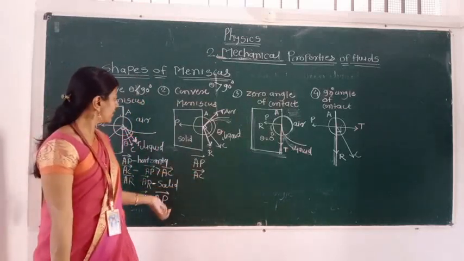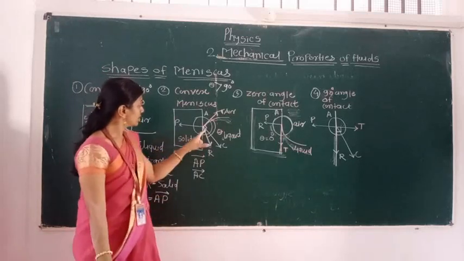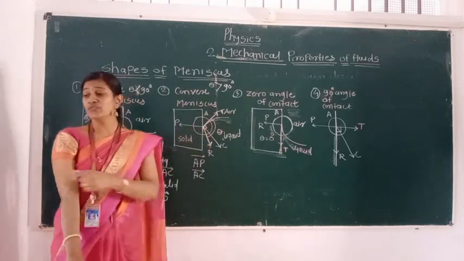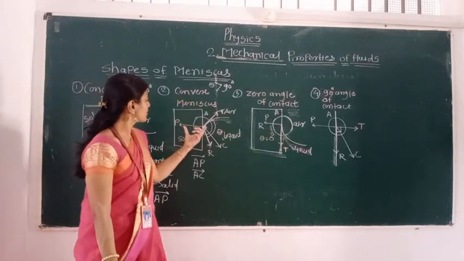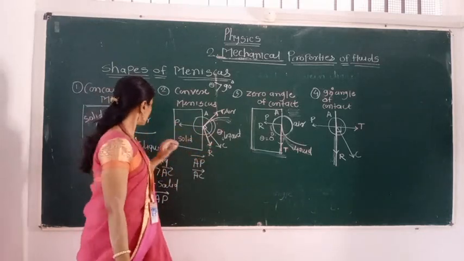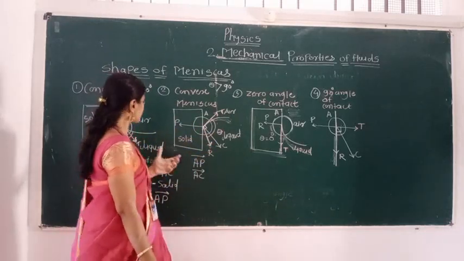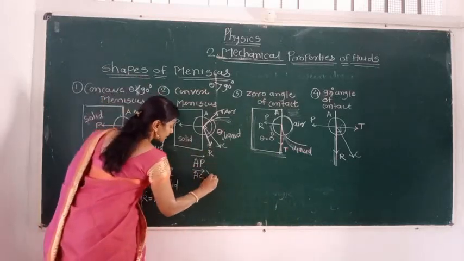Okay, next. In this case, by the sphere of influence, we will get the idea about which surface is occupied in that sphere of influence. Comparatively, in the convex meniscus, AC is larger than AT.